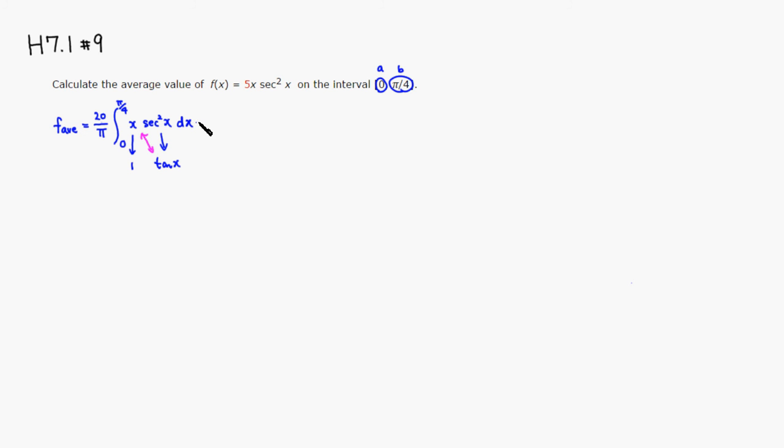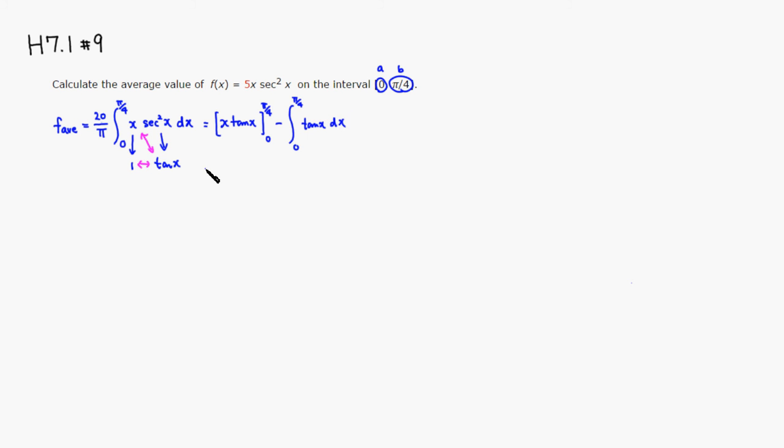So this is going to be x tangent of x, going from 0 to pi over 4, minus the integral from 0 to pi over 4, then we multiply this way. Then we have just tangent of x dx.